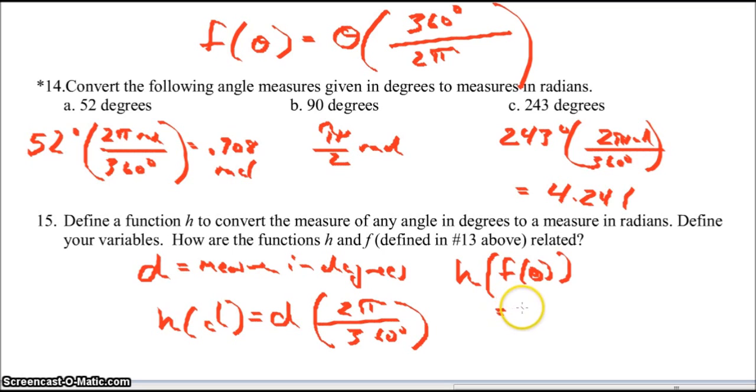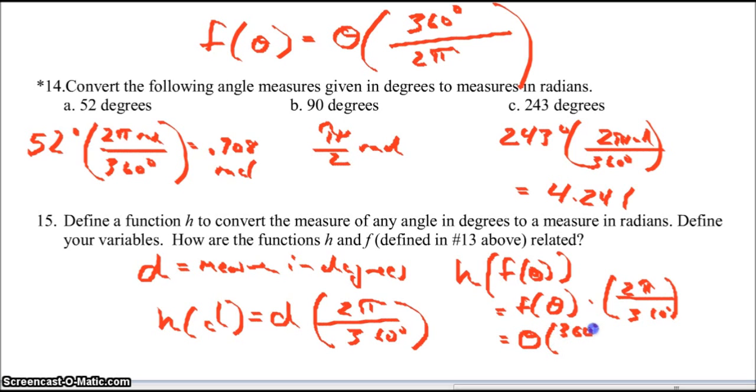This would be f of theta times 2 pi over 360, which would be theta times 360 over 2 pi, times 2 pi over 360.